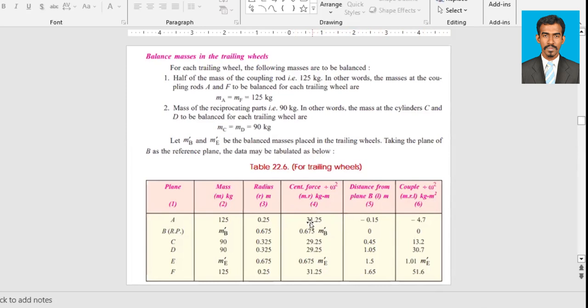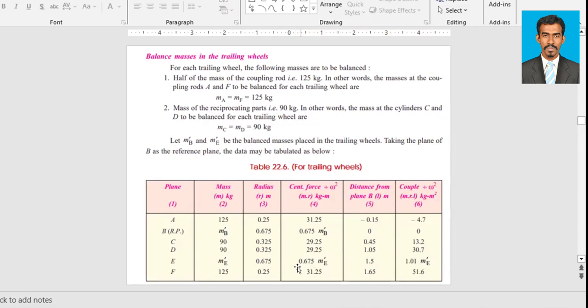So m r into L: if you multiply 31.25 with 0.15, that is negative, you will have minus 4.7. 0.675 m b dash into 0 gives 0. 29.25 into 0.45 is 13.2. 29.25 into 1.05 is 30.7. 0.675 m e into 1.5 gives 1.01 m dash e.